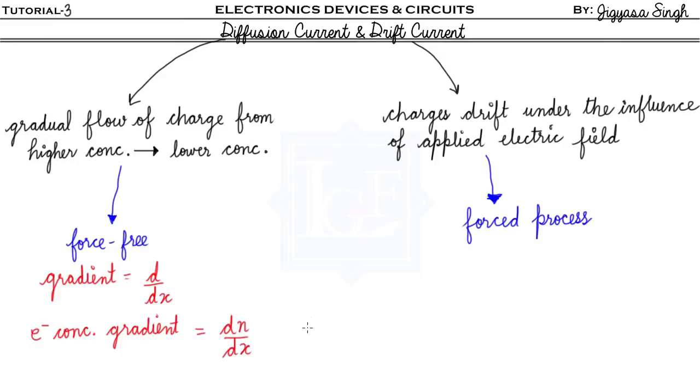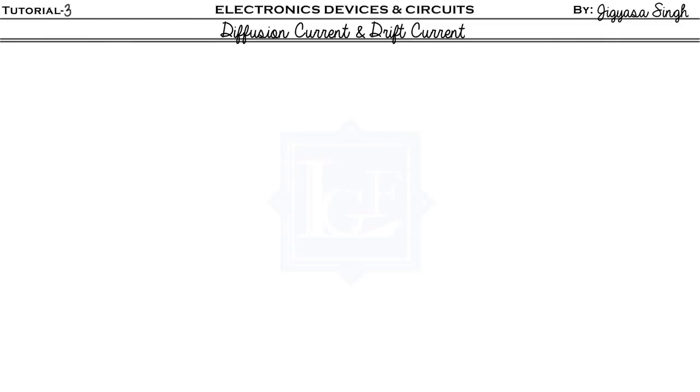And what should be the hole's concentration gradient? I know you have already written that in your notebook because you all are smart students. This will be simply dP by dx.